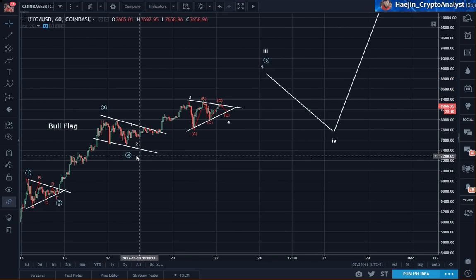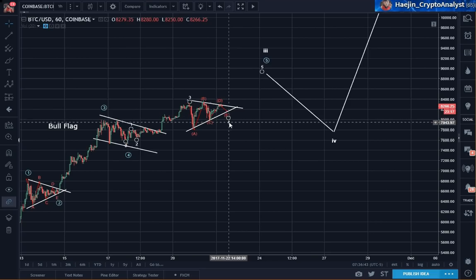So it will look like this: 1, 2, 3, 4 at the end of the E, and then 5.